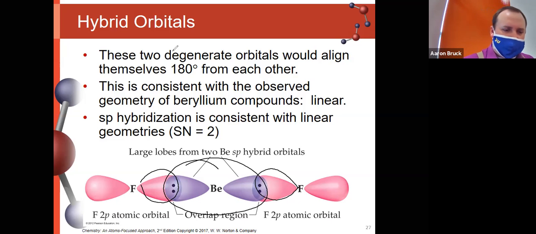We get direct overlap, we get 2 sigma bonds as a result.